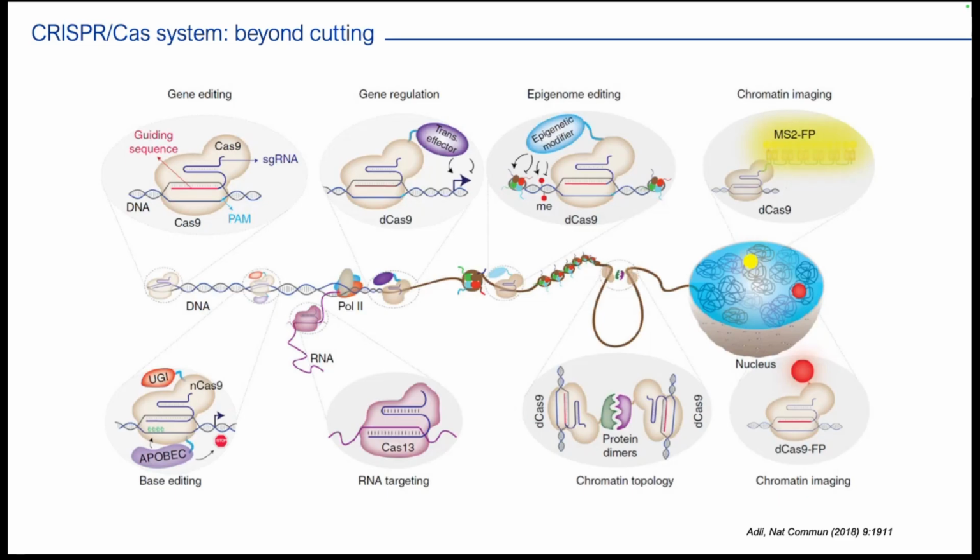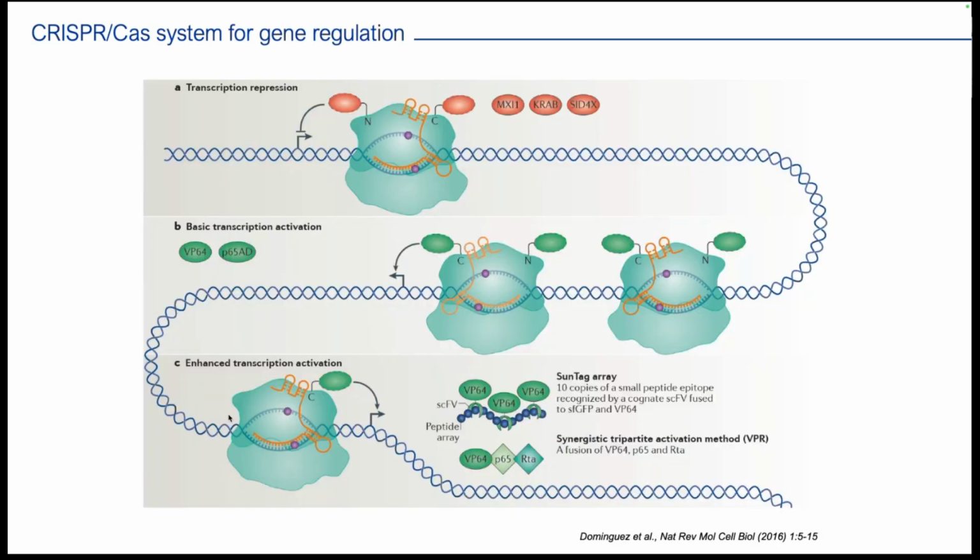And the most interesting, I think, in the context of screening and regulating gene function are, of course, transcriptional regulation. So now we can use this dead Cas9, fuse it with transcriptional repressors, and repress the transcription of specific genes. Or even better, doing transcriptional activation. And I say even better because there's not many tools that we can use to increase expression of a gene.